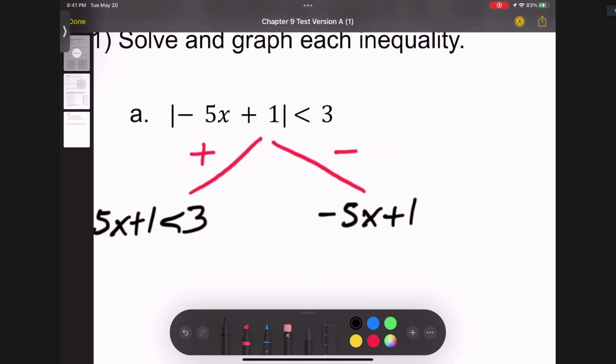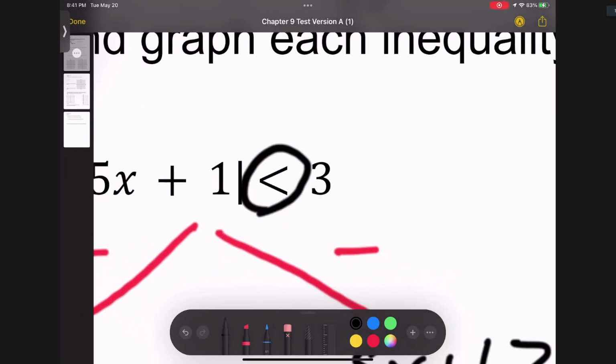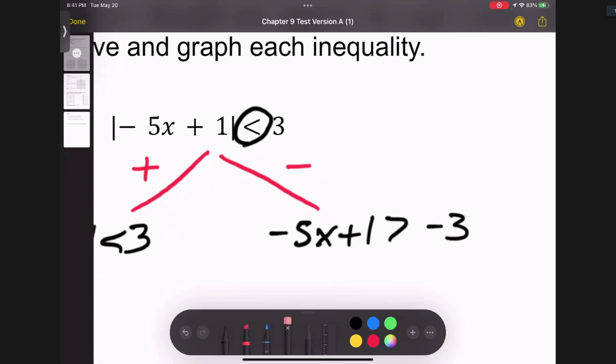You are going to be getting a negative 3 on the right side. But not only that, your actual inequality symbol is going to be switched. So you see the inequality right here? Look at this inequality right here. They switch sides. Whenever you do the negative side, the inequality must switch.